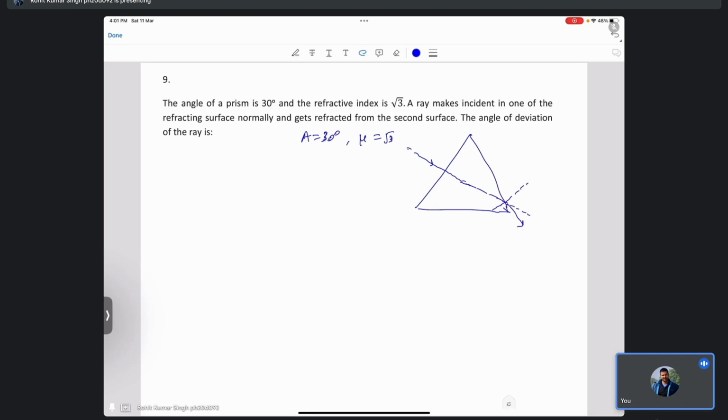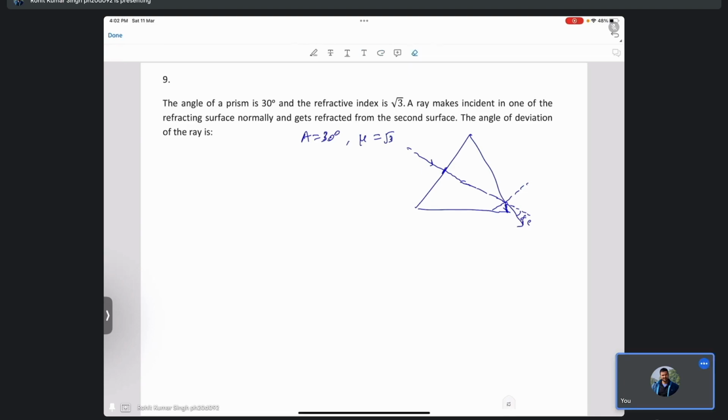So now you can see that the angle of deviation is the same as the angle of emergence, right? Because you have no deviation on the first surface. So whatever the deviation is, it comes through the angle of emergence, correct?